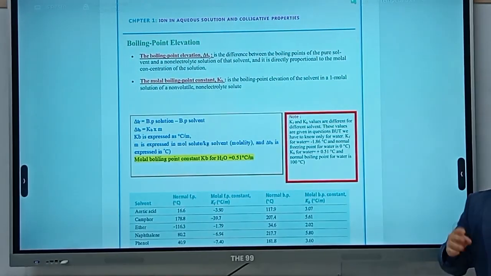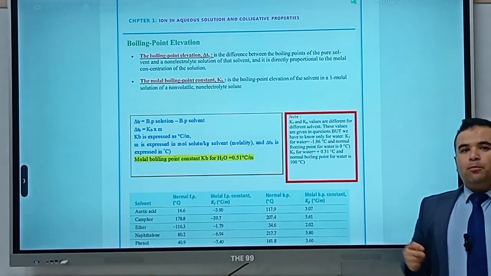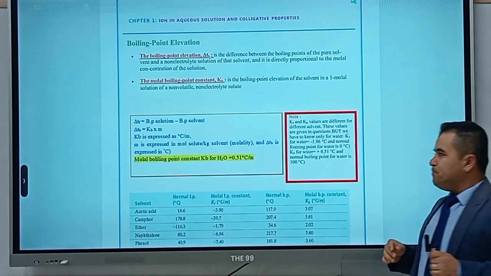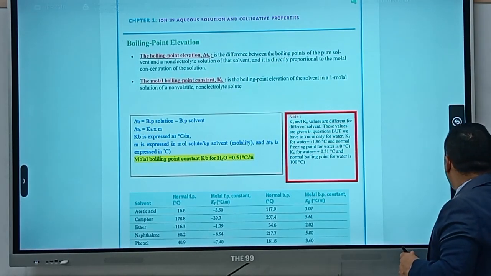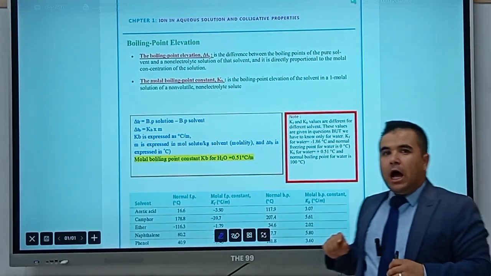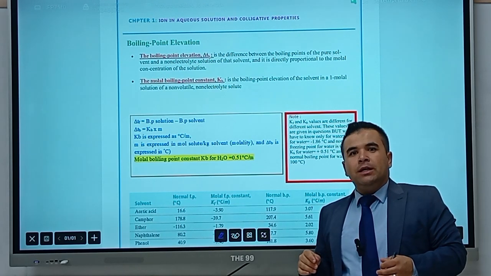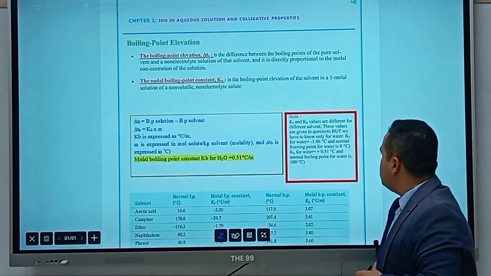Let us talk about the third colligative property, which is the boiling point elevation, guys. In order to understand how the boiling point changes with concentration, let me provide an example.